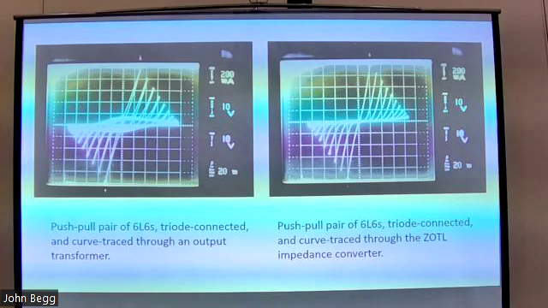The woolly bass and some inaccuracy in the reproduction of some of the musical instruments. This goo, I call it, is responsible for that. The tubes are not. The tubes are faithful to the reproduction. So next slide.